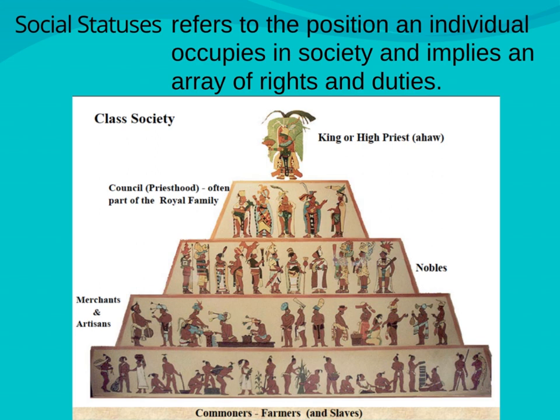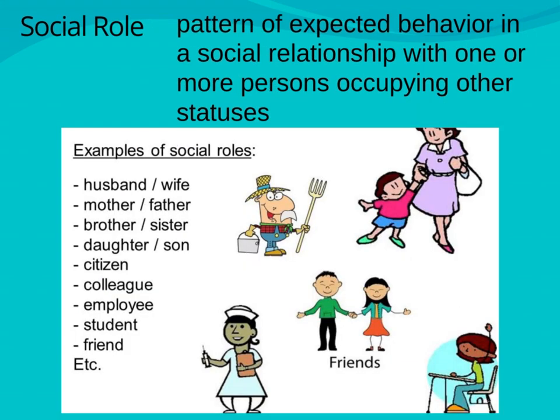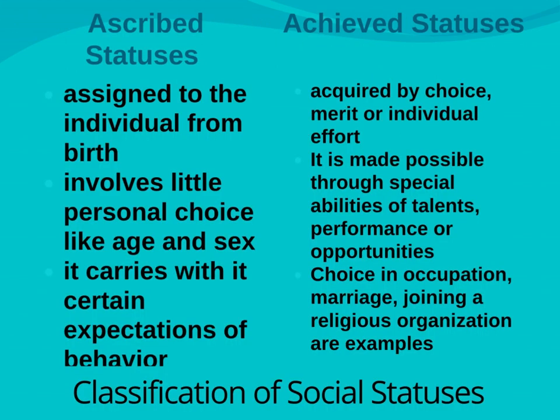As you have seen in our previous images in the form of a pyramid, it describes the example of statuses in the society, because social statuses refer to the position an individual occupies in society and implies an array of rights and duties. While social role is the pattern of expected behavior in a social relationship with one or more persons occupying other statuses.